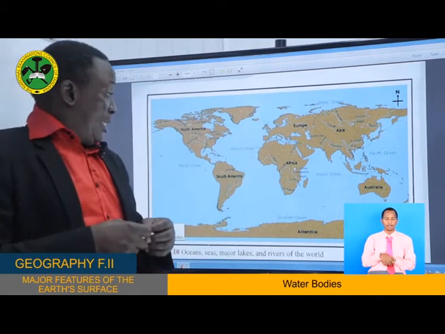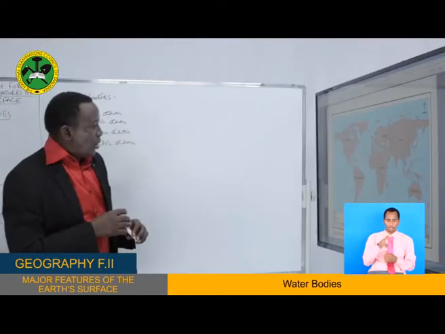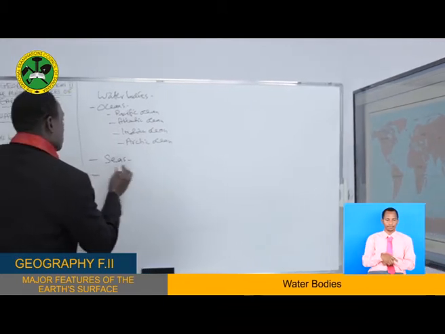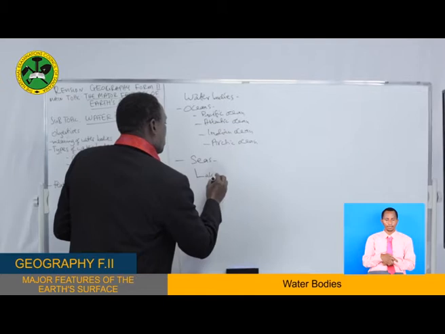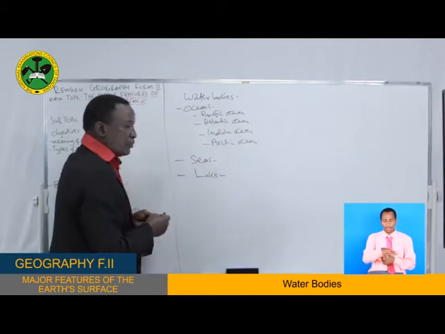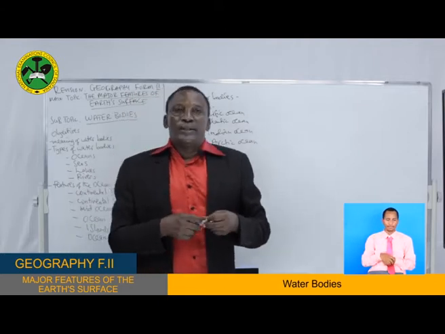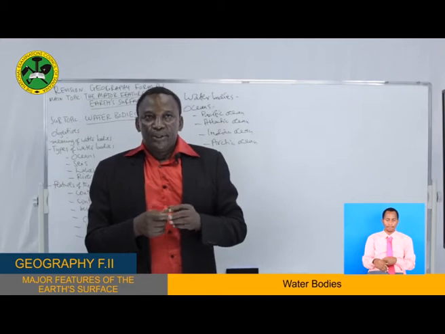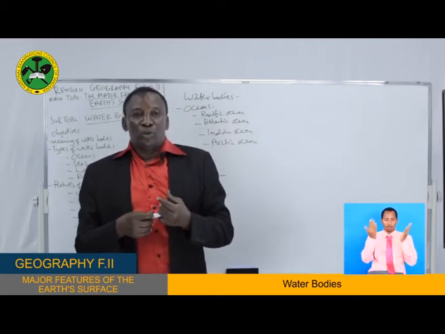Dear students, let us also look at the lakes. A lake is a hole or a depression on the surface of the earth. It may contain salt water or fresh water.